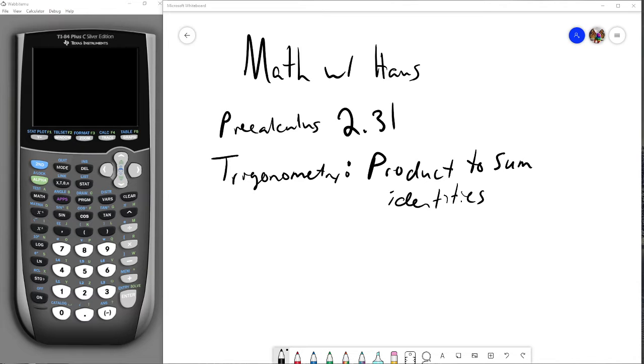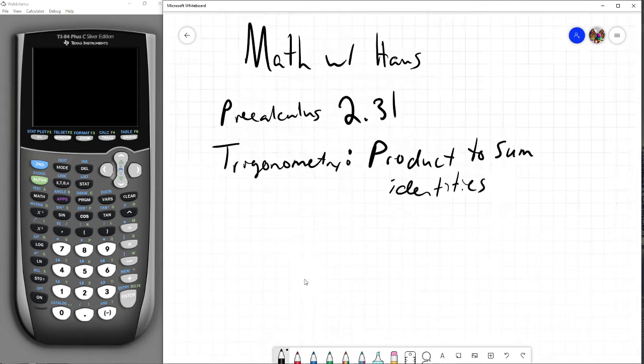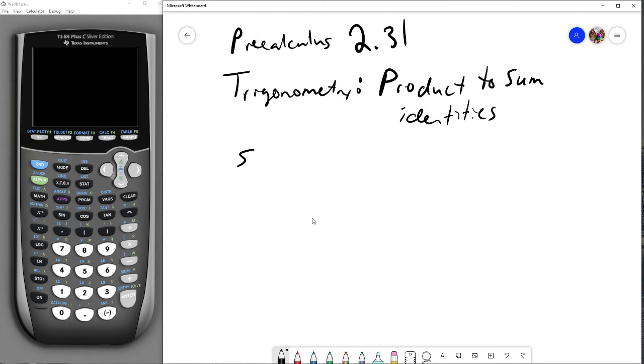We're continuing investigation in trigonometry, and we are now going to derive the product to sum identities. Alright, so we're first going to recall that sine of alpha plus beta is equal to sine alpha cosine beta plus cosine alpha sine beta.